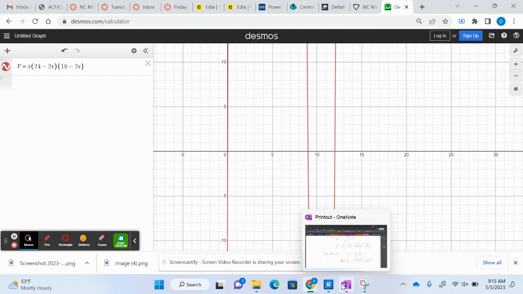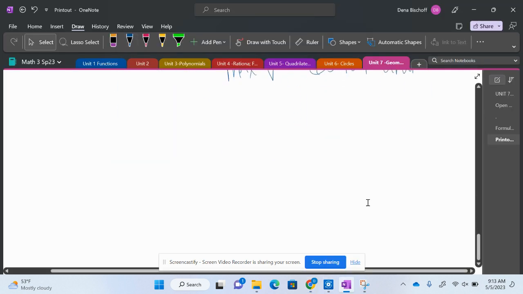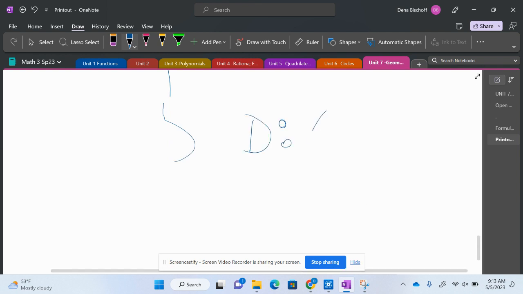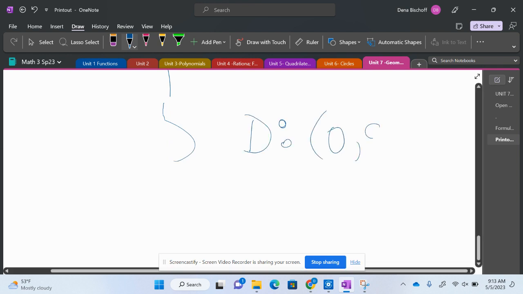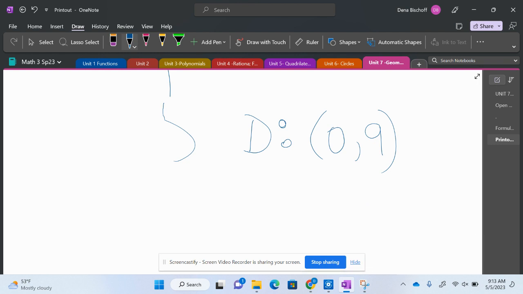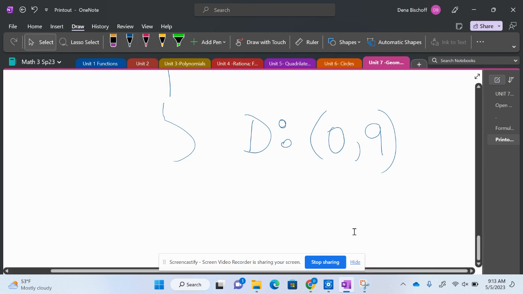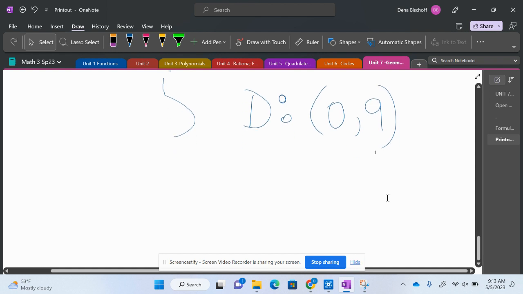So we say, what is an appropriate domain? The appropriate domain is between 0 and 9, not including 9, because 0 and 9 both give me 0. Anything after that is going to give you negative values, or two negative numbers that multiply together to get a positive, but it's not really a possible dimension, right? You can't have a -2 box.